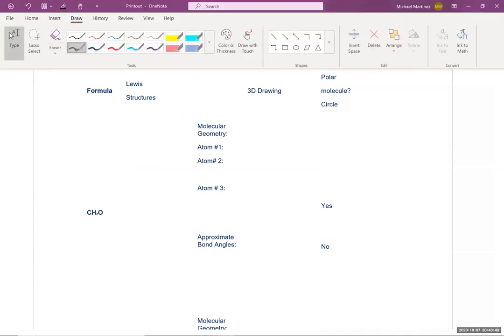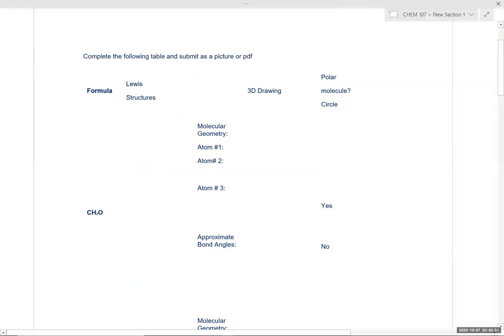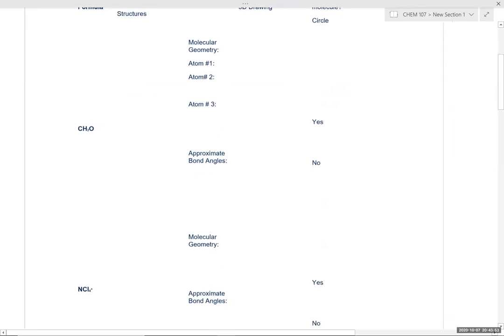So let's focus on drawing out the Lewis structures for each of these compounds. So for CH2OH, carbon has 4 electrons, hydrogen contributes 2, oxygen contributes 6. So we have 14 electrons to work with. We're going to put carbon as the central atom and surround it with each of our other atoms. Then we're going to form 1 bond each.